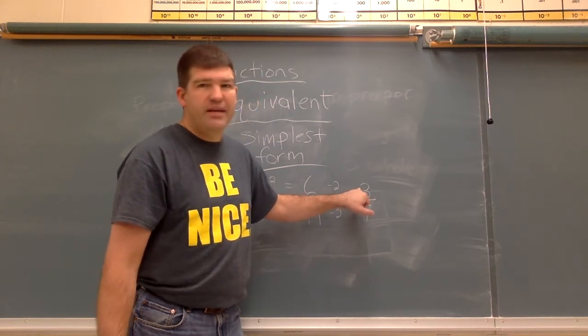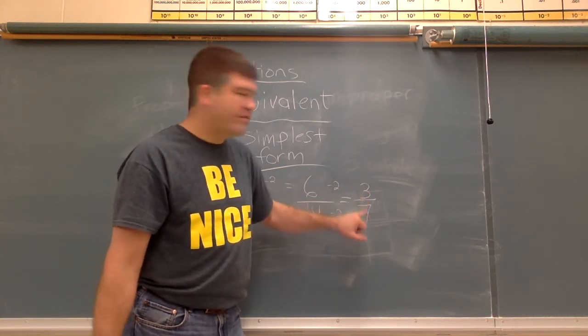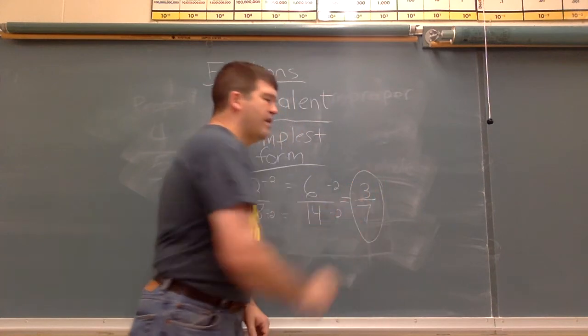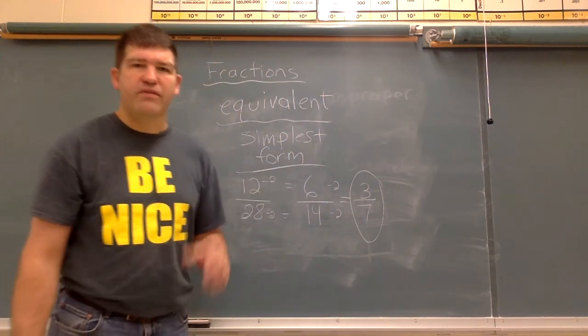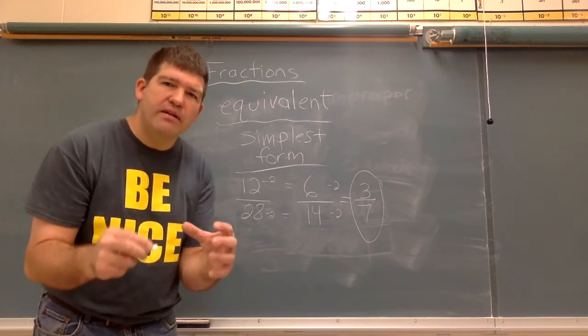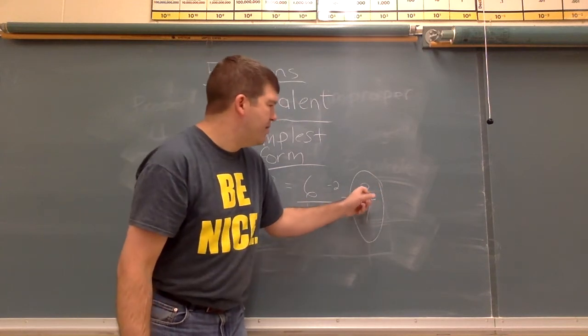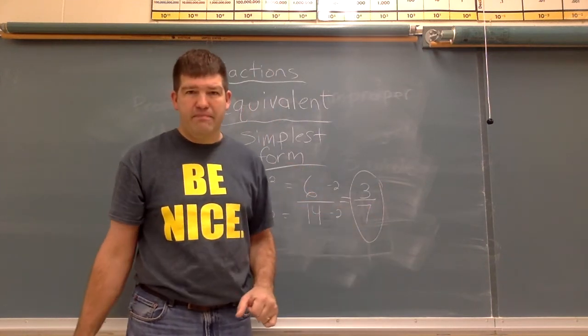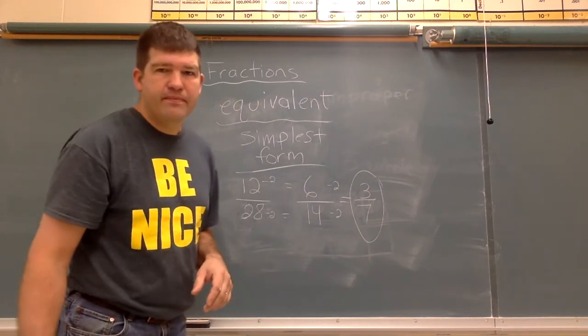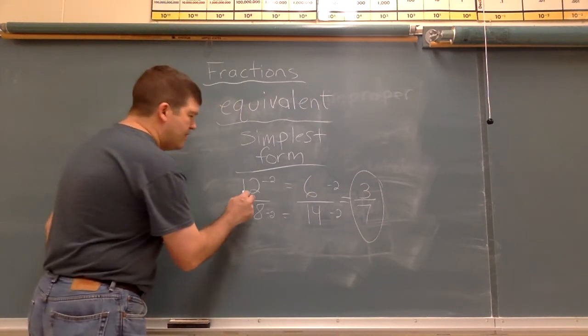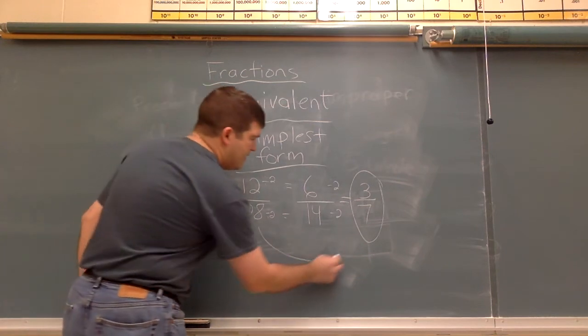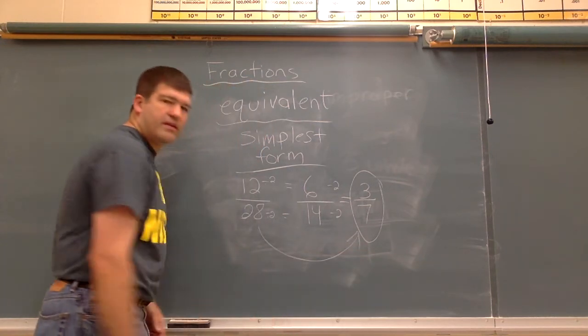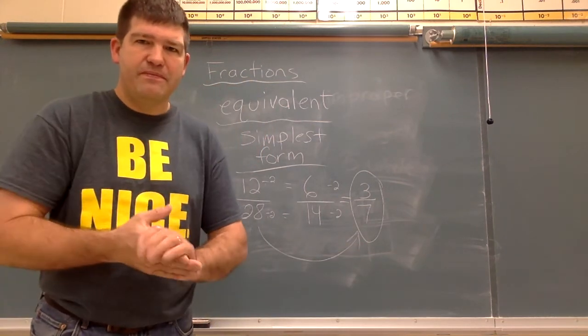Does 7 go into 3 evenly? Of course not. So there is my simplest form. I've taken it down as small as I can to where they can't be divided evenly on the top and the bottom by the same number. Okay? So you would say 12 28ths in its simplest form is 3 sevenths.